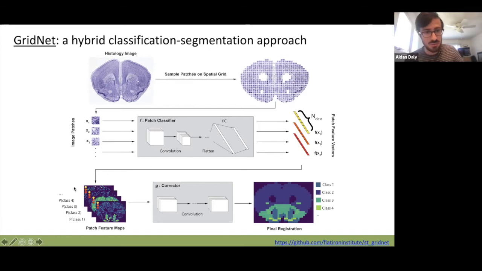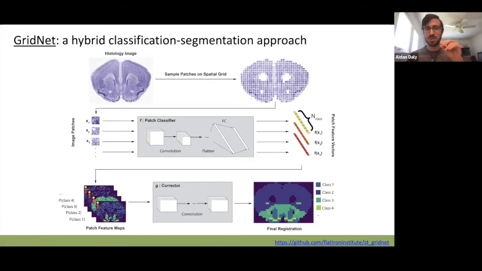We then stitch these vectors back into a 3D image, which shows a kind of downsampled, very abstracted view of the tissue, where each pixel in this case contains a vector saying how likely we are to assign that pixel to each of the classes. We then run it through a segmentation network, or corrector network, that scans over the image.